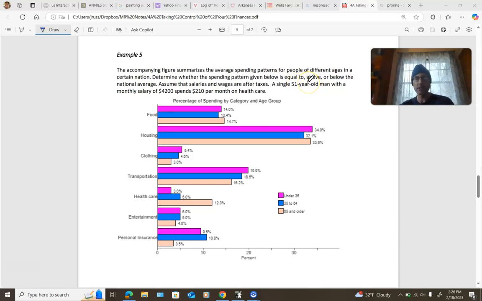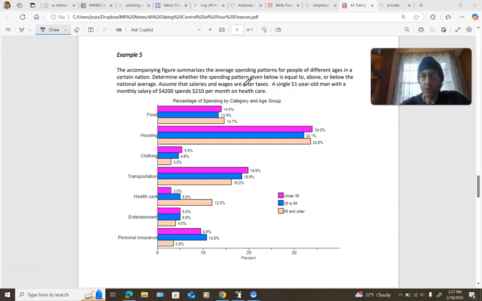So it says a single 51-year-old man with a monthly salary of $4,200 is spending $210 per month on health care.